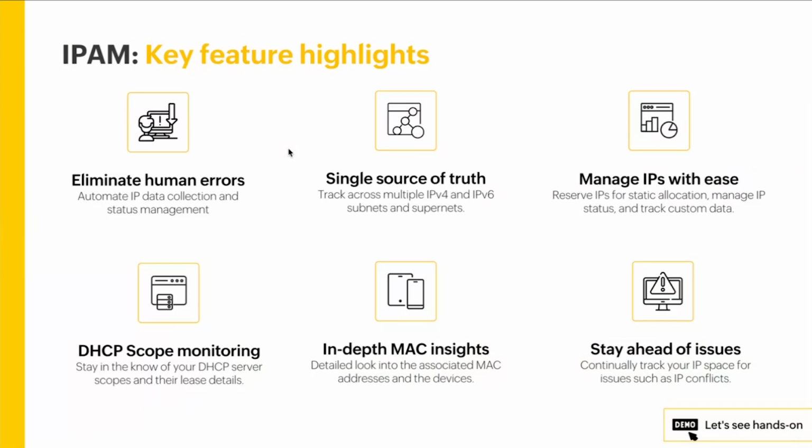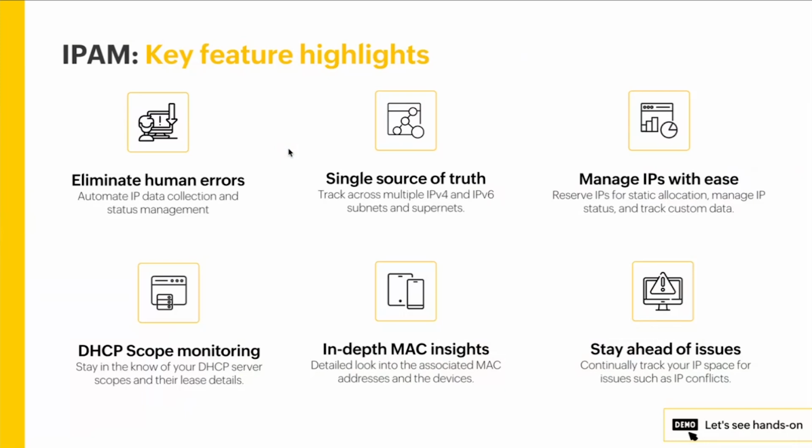When it comes to managing an IP database, it's not an easy task, as it will require you to go to your network, check the real-time IP status, and update the change in your tool. This is time-consuming, requires manual work, and can lead to a lot of human errors.